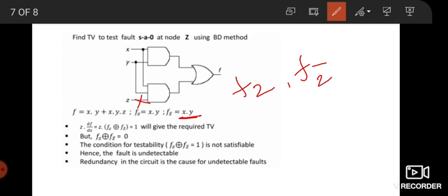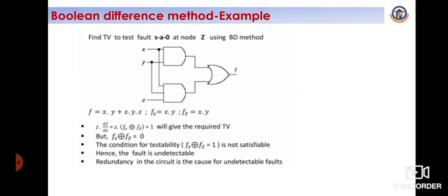So both values are the same. Already we know the concept of the XOR gate: both values being the same means the XOR gate produces 0. When the XOR gate produces 0, we are not able to find the test vector for the given circuit. This fault is known as an undetectable fault.